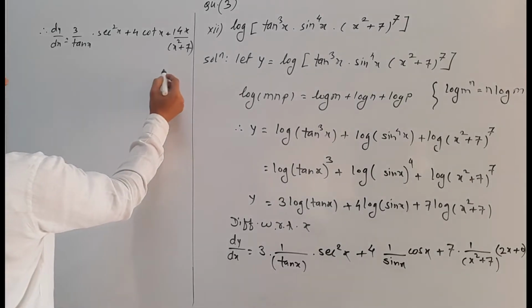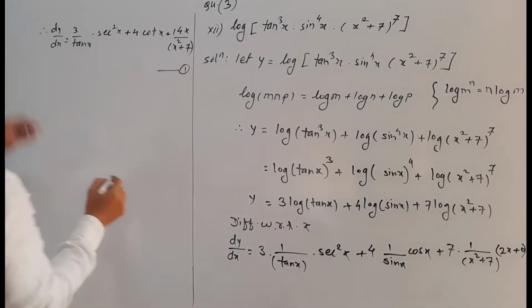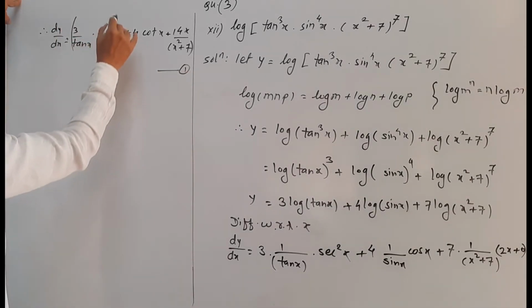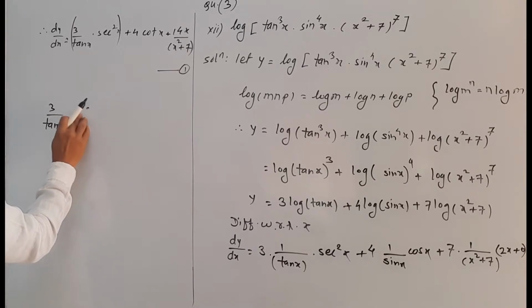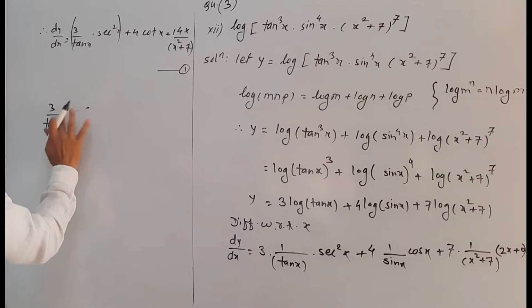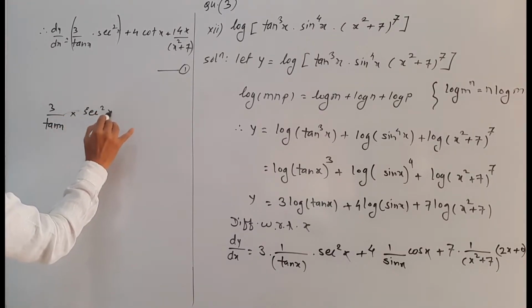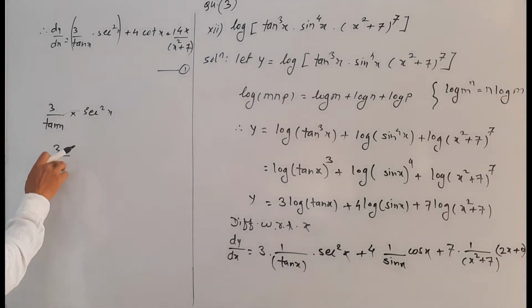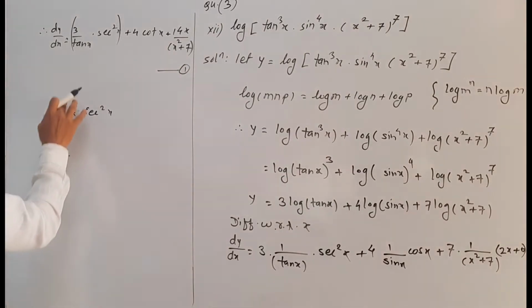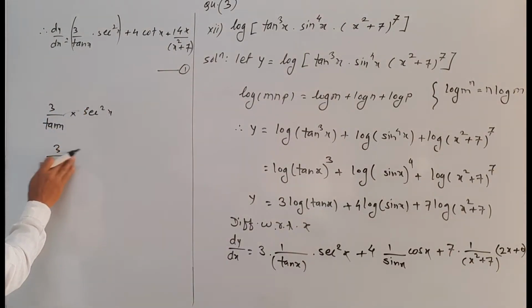Now we denote this as equation number 1, because we have to simplify this first term only. So 3 upon 10x into sec²x. This 1 upon 10x we can write as cot x.